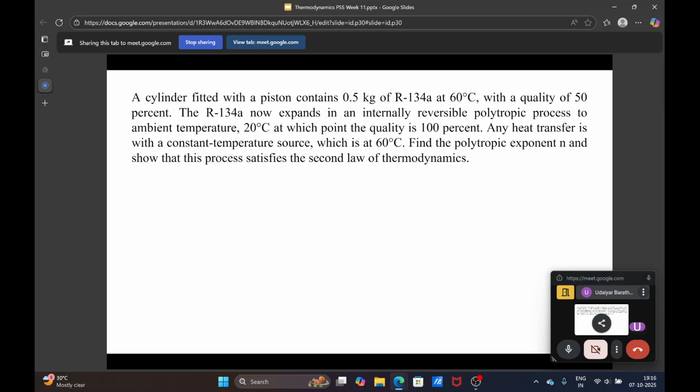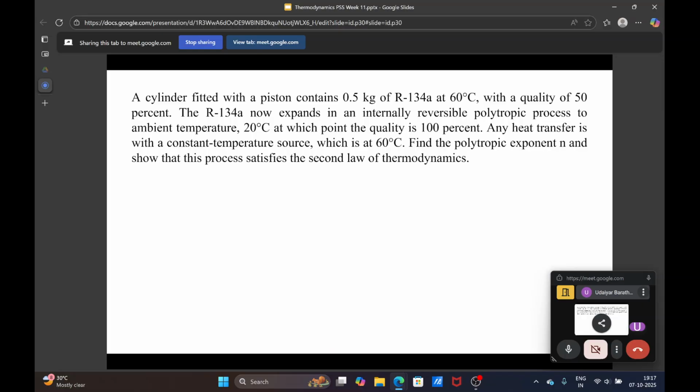So what is given is we have a cylinder with a piston and it is initially containing 0.5 kilograms of R134A at 60 degrees Celsius, and the quality is also given as 50%. This R134A is expanding and it is an internally reversible polytropic process.